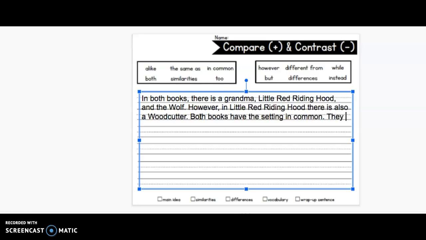They both take place in the woods and at Grandma's house. Okay, so now I've compared two things. I've used the words both and in common, and then I've contrasted how it's different and used the word however.